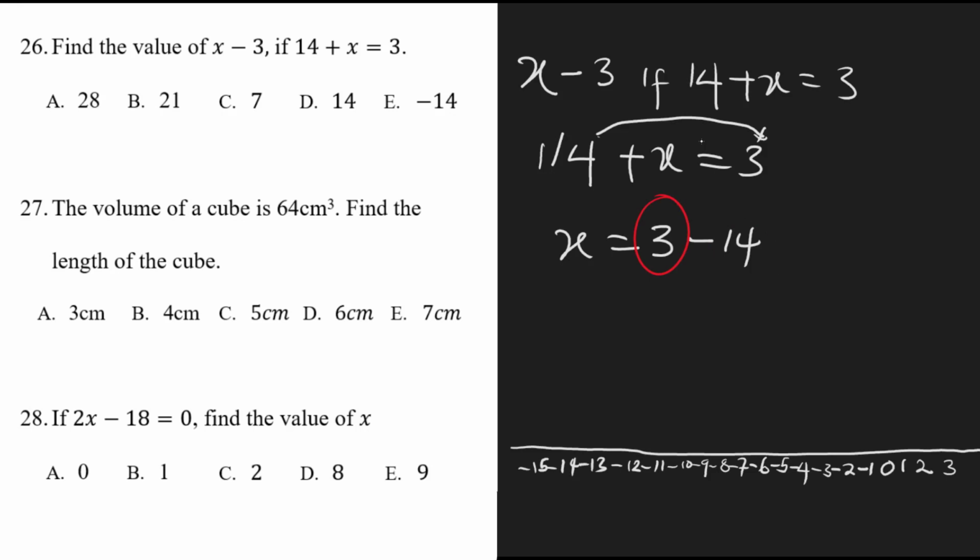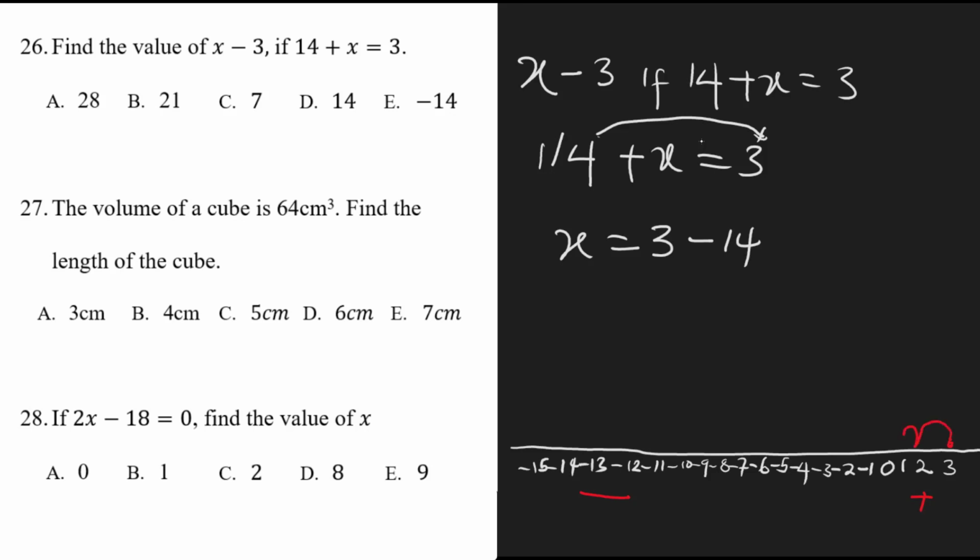Remember that on the number line, the left hand side is minus, and the right hand side from 0 is plus. So whenever we say minus, we take the number of steps to the left, and if it's plus, we take the number of steps to the right. So remember, we have 3, so we locate 3 on the number line, minus 14, so we're going to move 14 times to the left.